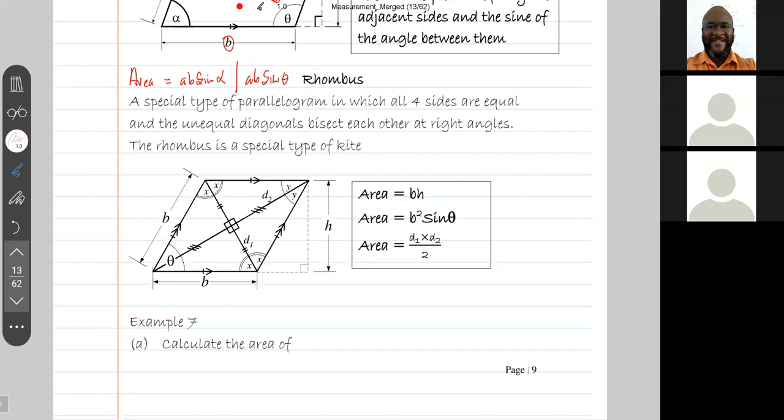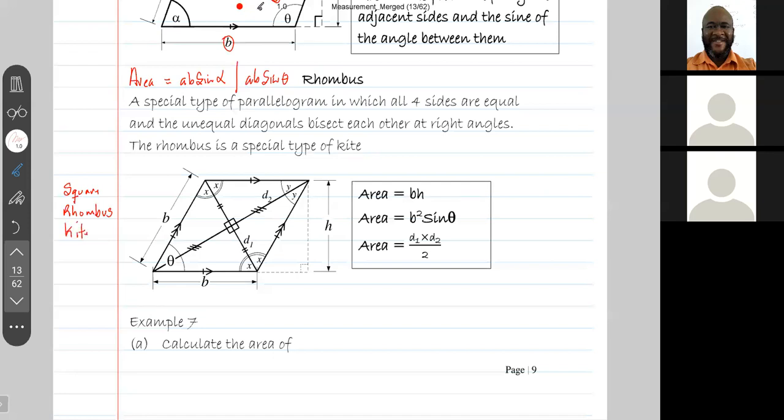So there are three quadrilaterals for which you could use the formula for the area of a kite. The square is a special type of kite. The rhombus is a special type of kite. And of course, the kite is a kite.